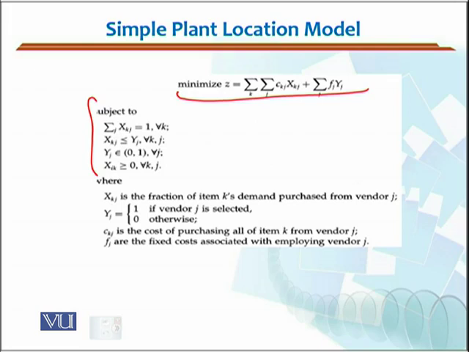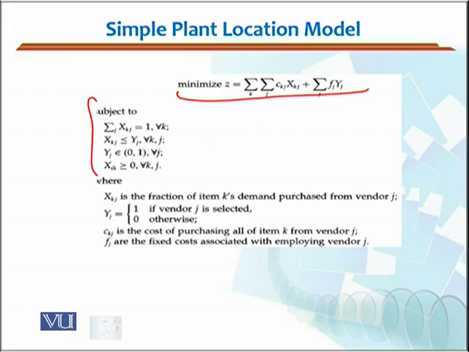We have a sum of ckj xkj, plus the sum of the product of f and y, fj times yj.